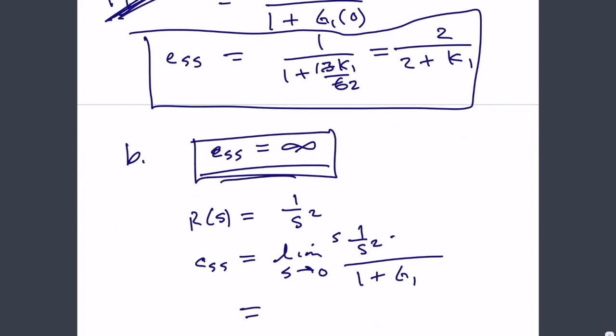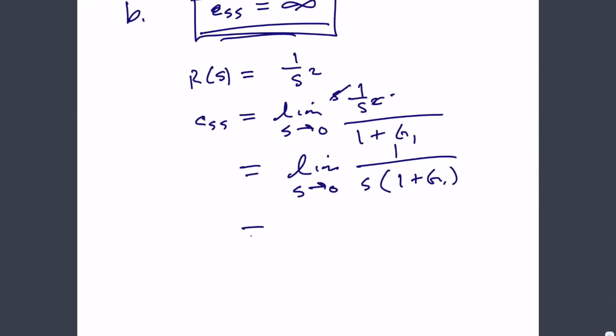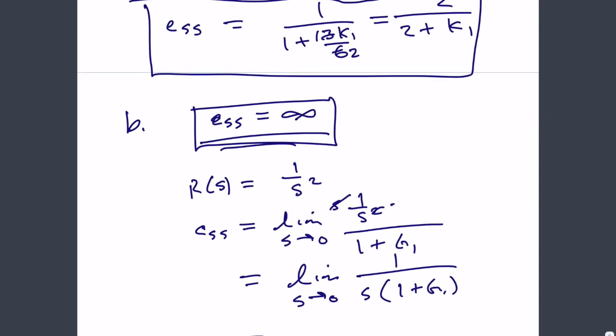One of these S's cancels, and I'm left with an extra S in the denominator. When you plug in S equals 0, this number is finite and non-zero, so this whole term is non-zero, and I have 1 over S going to 0, so you can tell from this limit that the steady state error would be infinite.